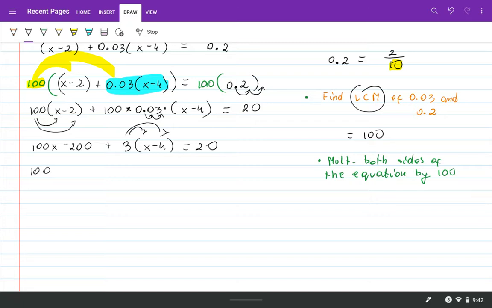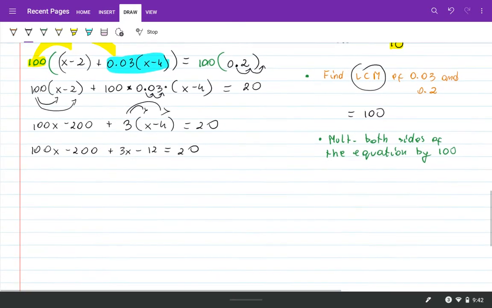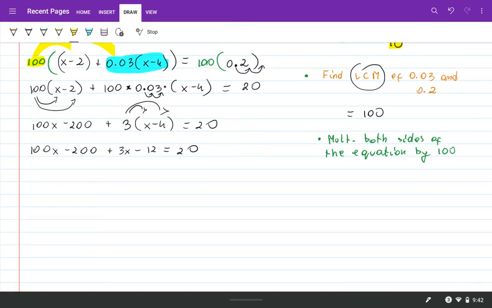So we have 100x minus 200 plus 3x minus 12 equal 20. And now it's time to group like terms. 100x plus 3x will give us 103x. And then we're going to group like terms. We have negative 200 minus 12. So that will give us negative 212 equal 20.